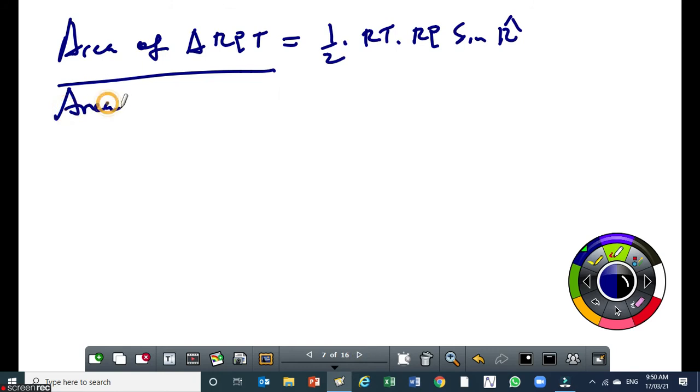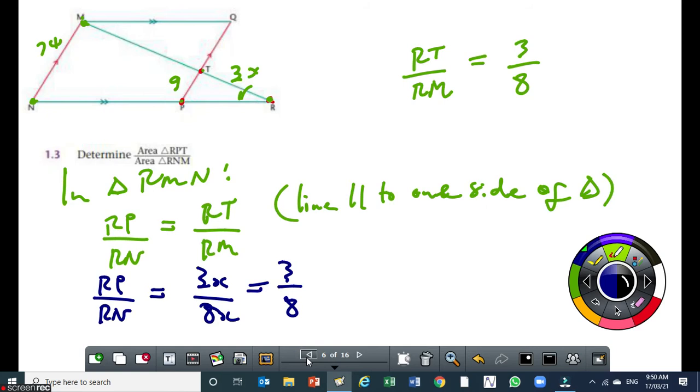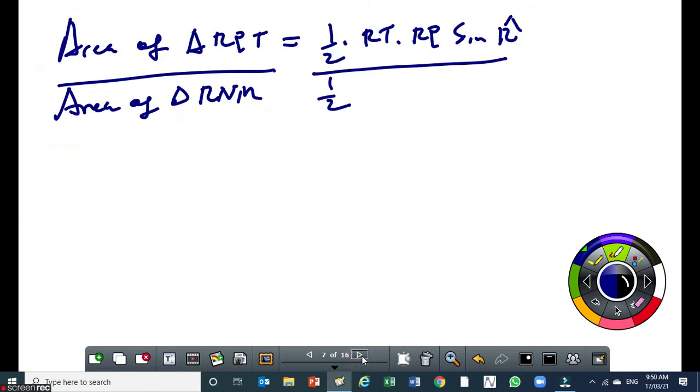Area of triangle RNM is going to be equal to a half. Okay? Look here. If this is the common angle, it means it's going to be equal to a half times Rm times Rn times sine what? Sine R. Please take note this is M here.